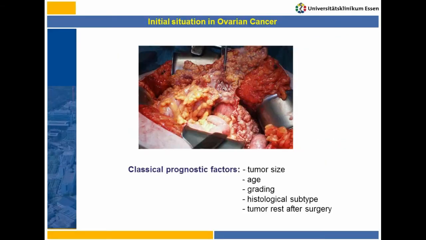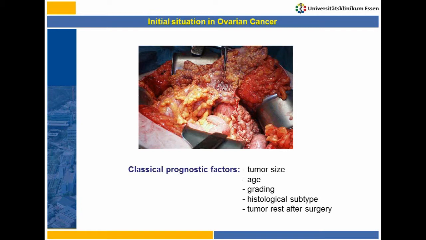So this is the initial situation in ovarian cancer, and you see that there's a really large distribution of tumor material. It's a very long surgery, taking in Germany about 8 hours. So the classical prognostic factors are tumor size, the age of the patients, grading, the histological subtype, and the most important factor is the tumor rest after surgery.